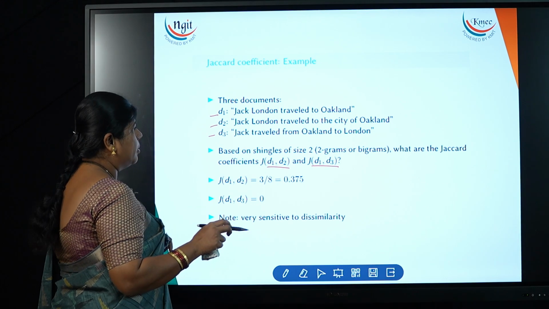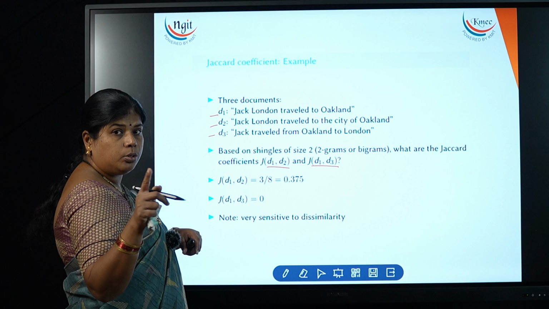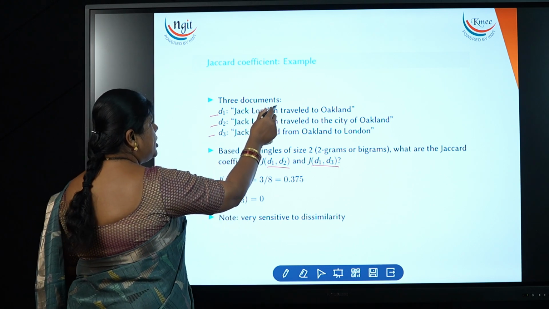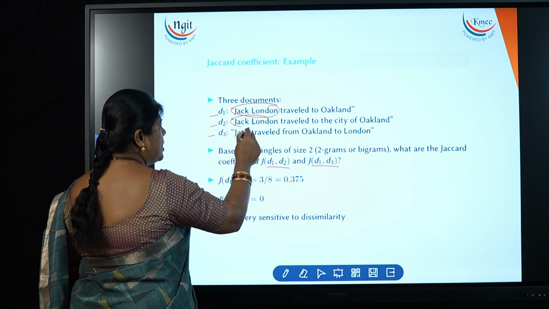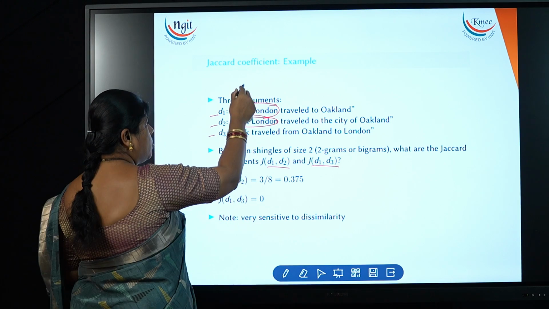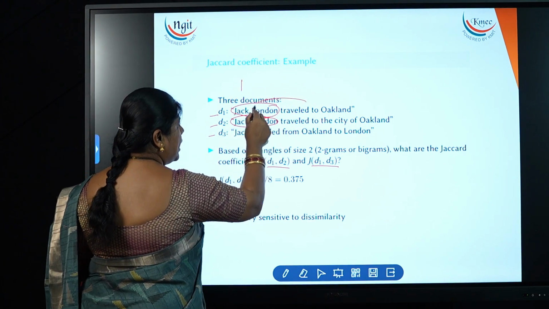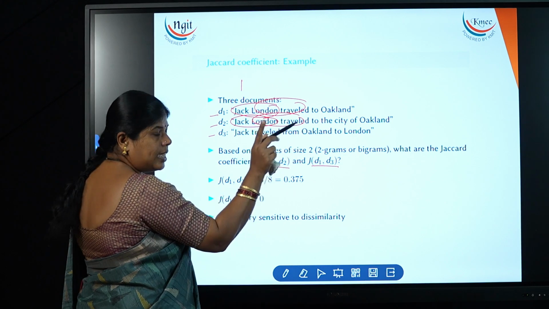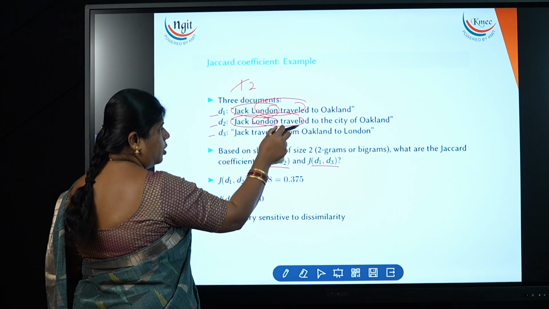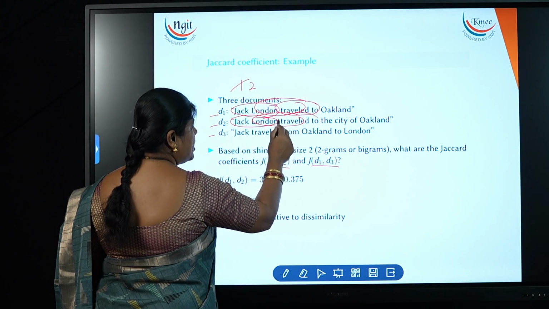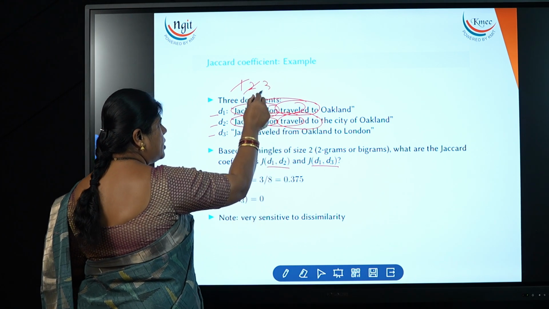when I am considering D1 and D2, how are the two words similar? Jack London is present in the same sequence, so the count is 1. London travelled is also present in the same sequence, so my count is 2. Again, travelled to is present in the same sequence, so my count is 3.